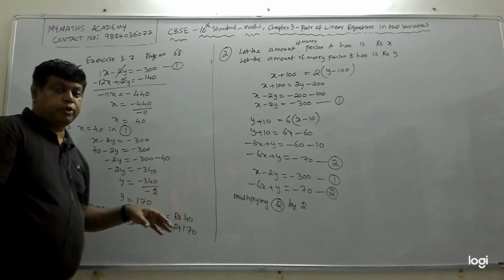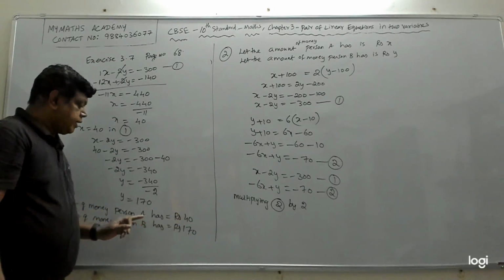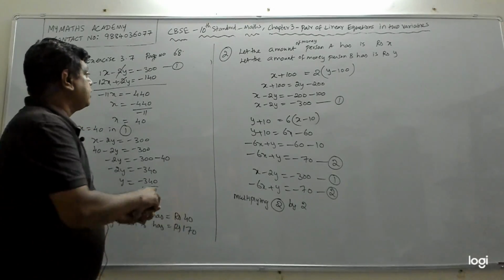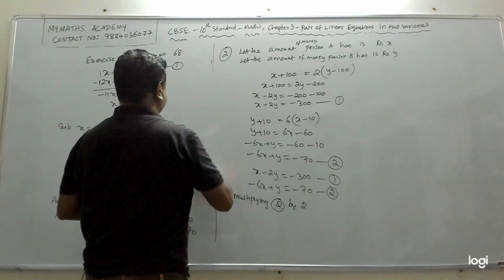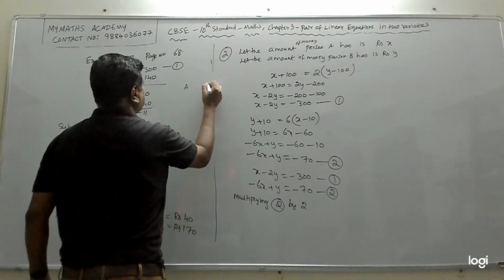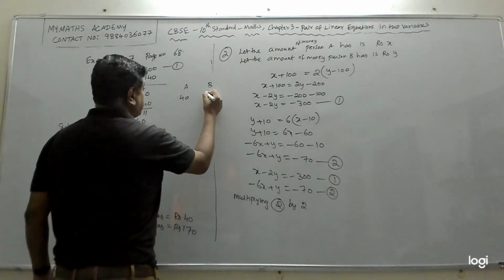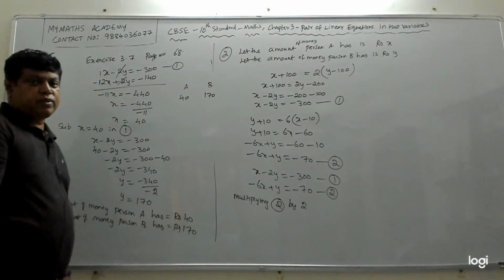Now if you try to check this condition, what A says, first statement, you give me 100 rupees. If you want to check whether your answer is right or not, A initially has 40 rupees, B has 170 rupees. That is the answer.